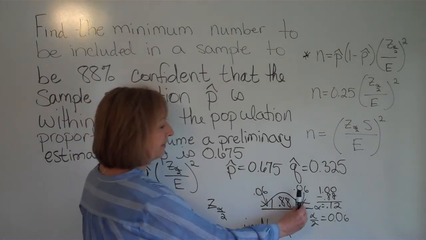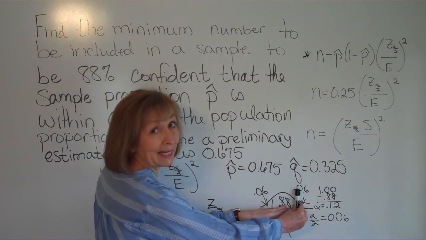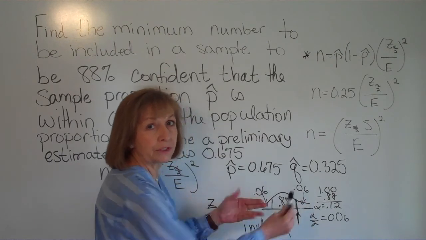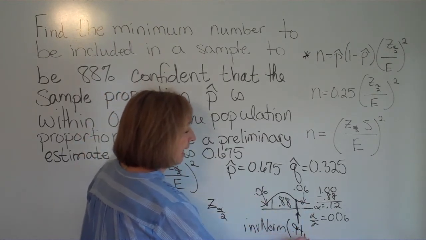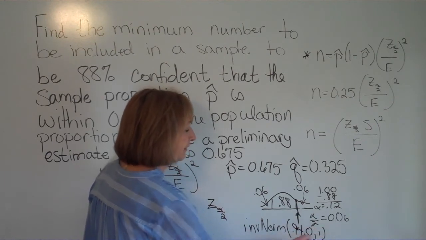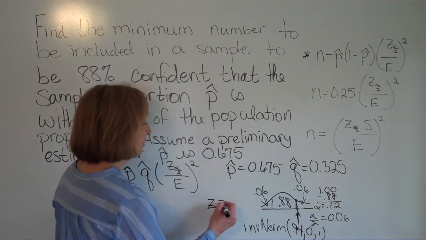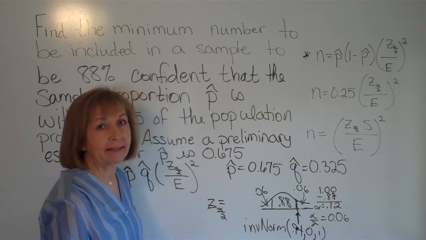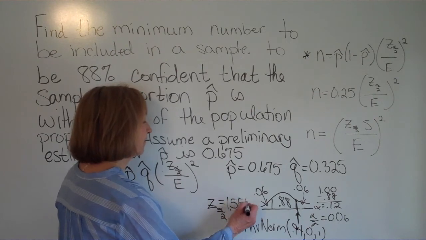The other way you could think of it is entirely left would have to add up this 0.88 and this 0.06, which still is 0.94. So 0.94, comma, the mean is 0 and the standard deviation is 1. And when you do those keystrokes and calculate, you're going to get the z-score of 1.555.